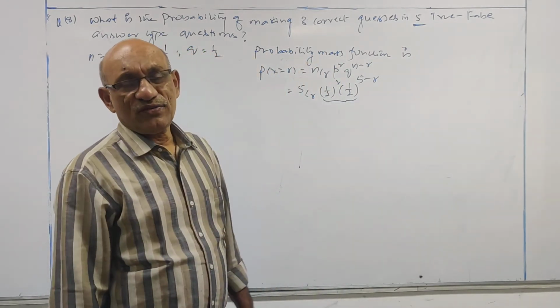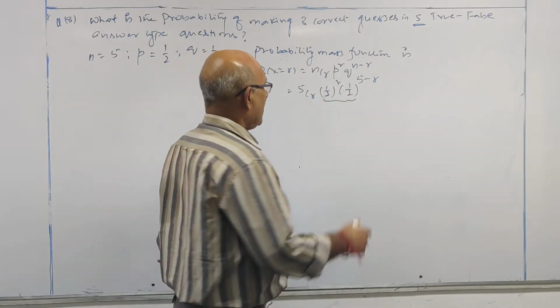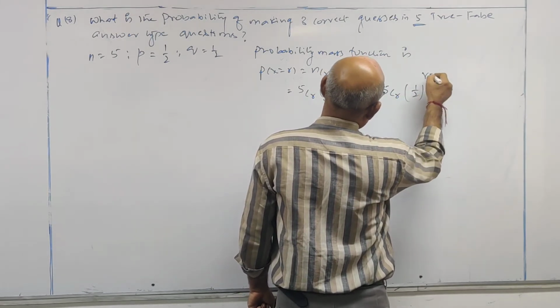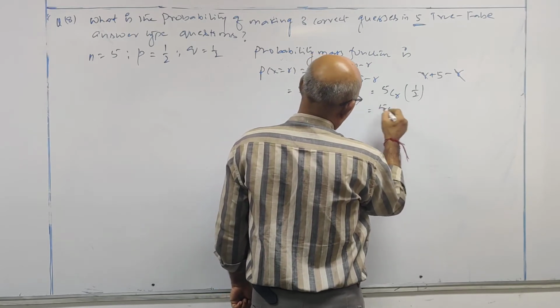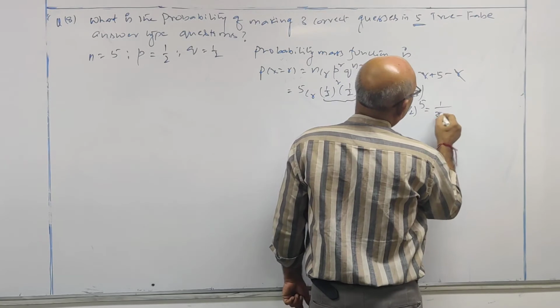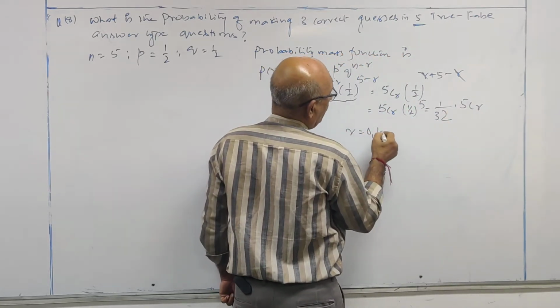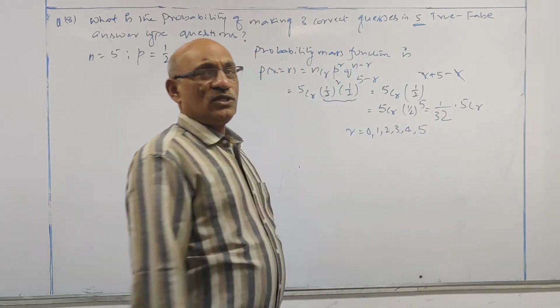For these two bases are equal and there is a multiplication sign, powers can be added. 5CR, 1 by 2 to the power R plus 5 minus R. 5CR into 1 by 2 to the power of 5, where R is taking the values 0, 1, 2, 3, 4, 5.